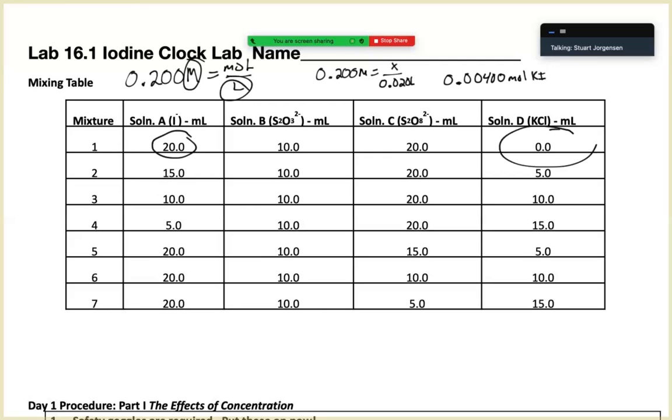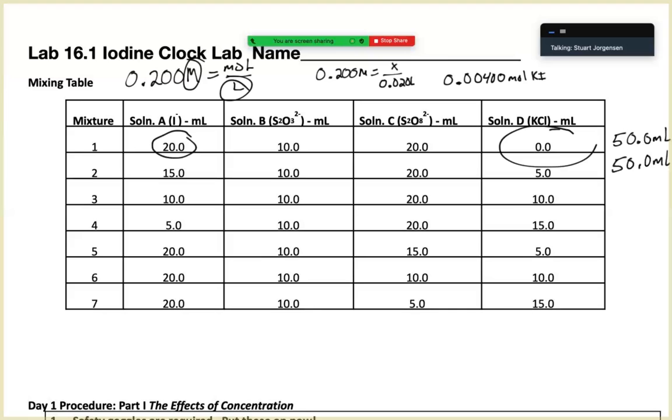But if you add up all your volumes for that first reaction, 20 plus 10 plus 20, you'll find that the final total volume is 50 mils. Here's why solution D is so important. If you do the same for mixture two, 15 plus 10 plus 20 plus 5, it is 50 mils. Because we added solution D, all of our new total volumes are going to be 50 milliliters.